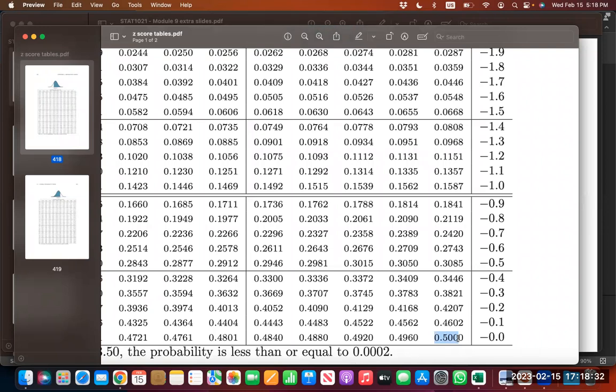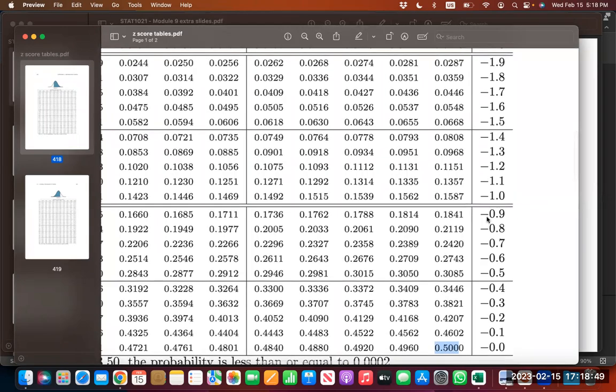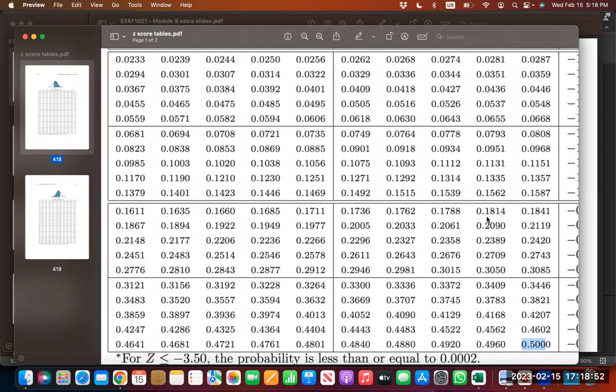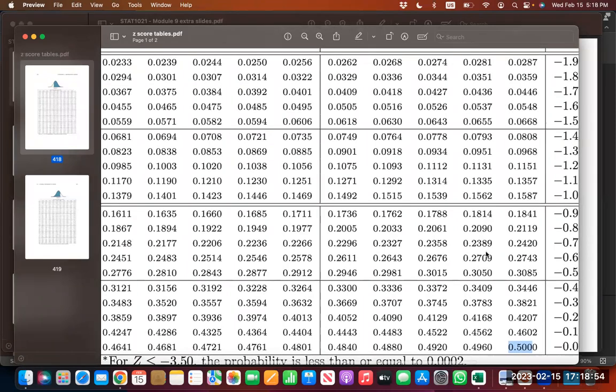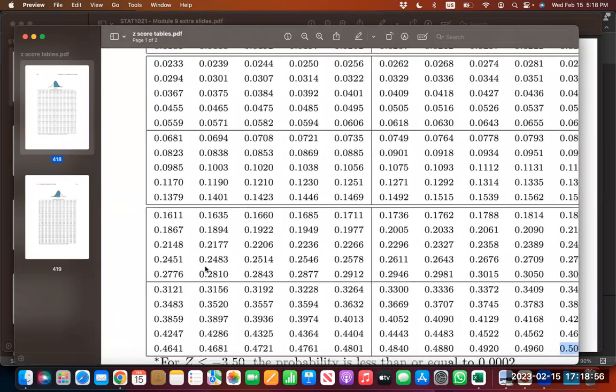If you have a SAT score of 0, that is your mean. So that's 50%. That means less than the mean you have 50%, and greater than the mean you have another 50%. That's the upper and the lower 50%. If you have the 25th percentile, you can find this value by just following the actual percentages here.